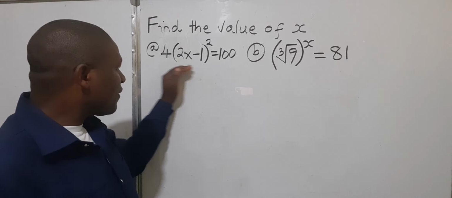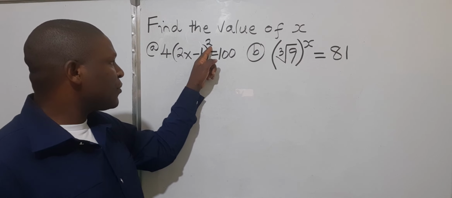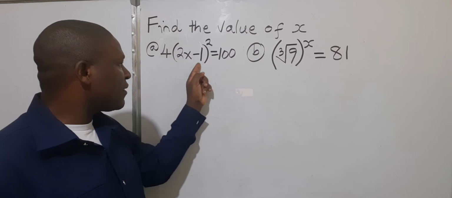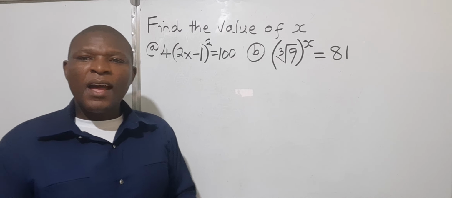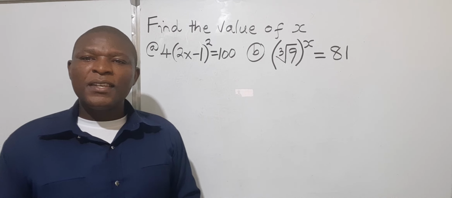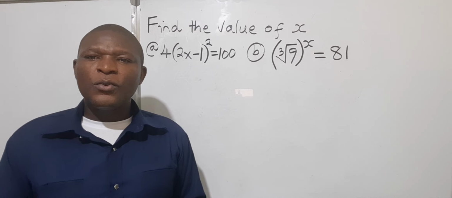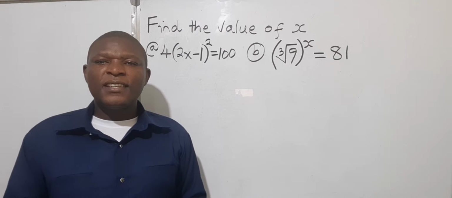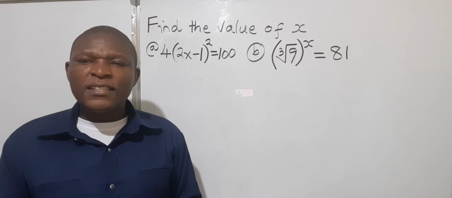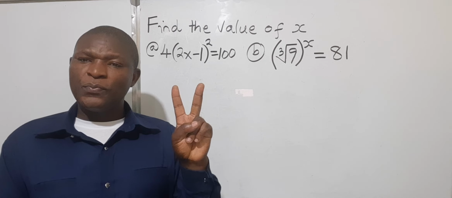The first one here is raised to power 2, meaning if we are to expand this one, the highest degree of an index on question A is going to be 2. It's going to be power 2, which means that in most cases, the values of x are going to be 2.